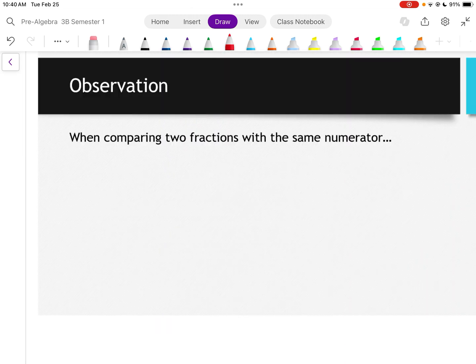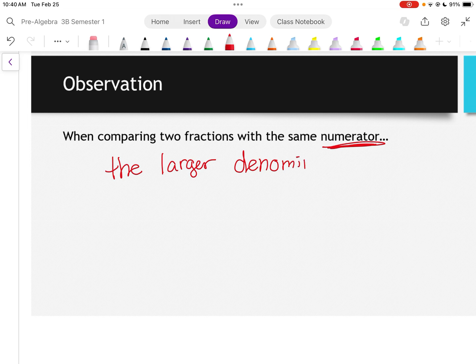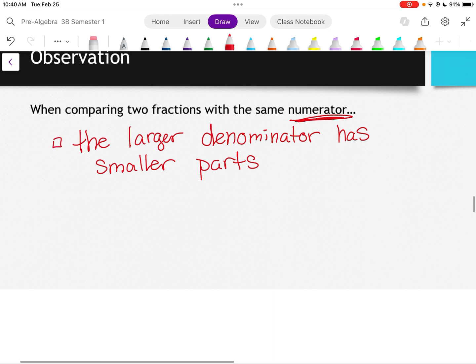All right, observation. When comparing fractions with the same numerator, so number on top, the larger denominator has smaller parts. So the larger denominator would be the smaller value because it has less space that it's taking up.